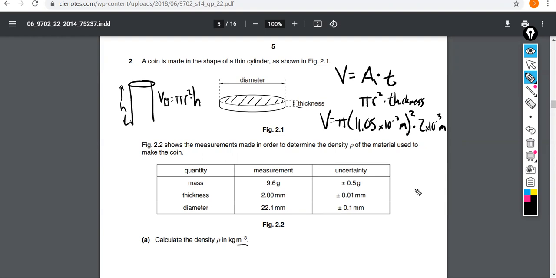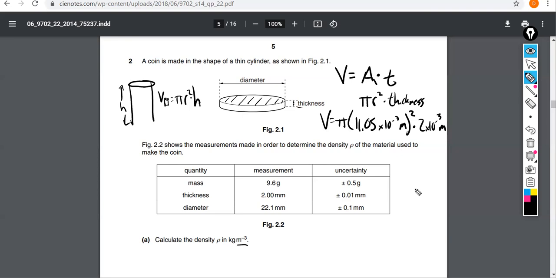So I'll calculate that first. In my calculator, I've got pi times 11.05 times 10 raised to the negative 3, squared, times pi times 0.002. 2 times 10 to the negative 3 is the same thing as 0.002.